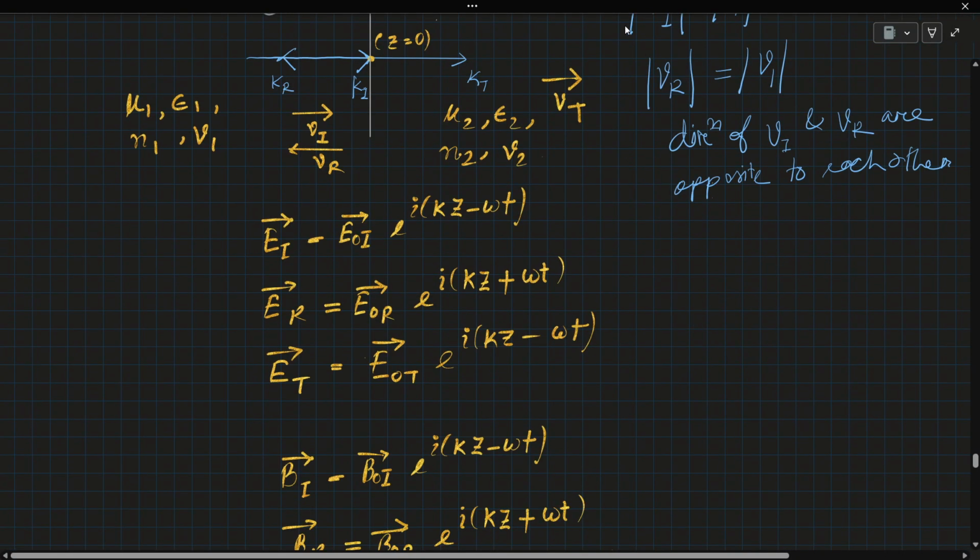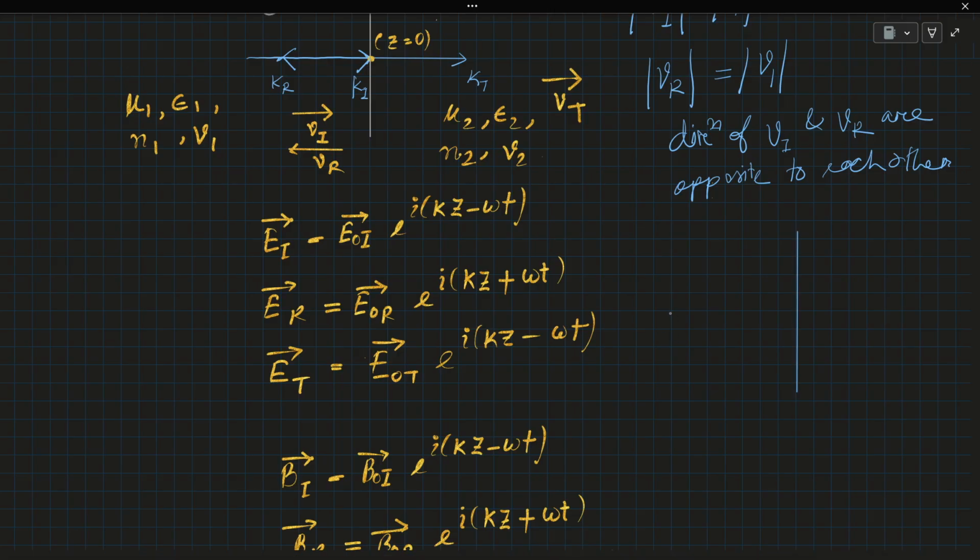So this is the boundary, and the wave is traveling in this direction, the z direction. Since E, B and the direction of propagation are all perpendicular to each other, the electric field must be in the x direction or y direction, because it has to be perpendicular to z.